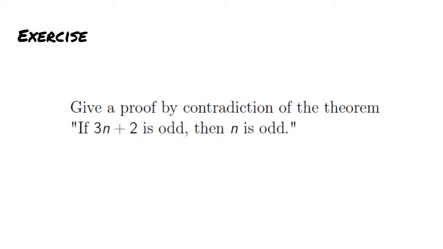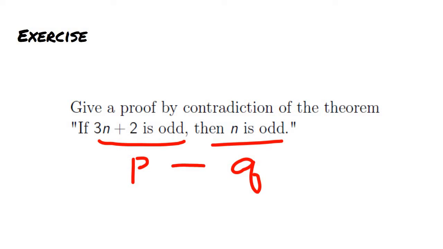So we consider this one as our P and this one as our Q. The whole statement is basically an implication, P implying Q, and let this be the whole premise R, for example.